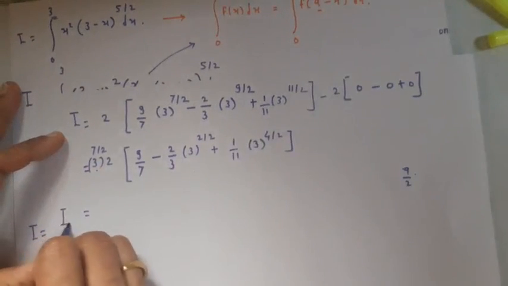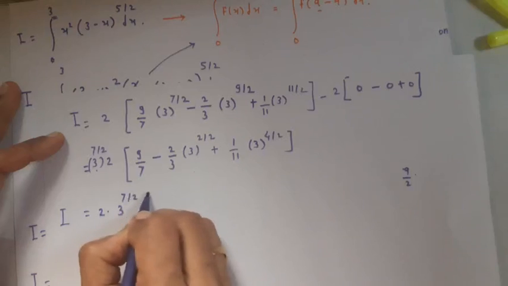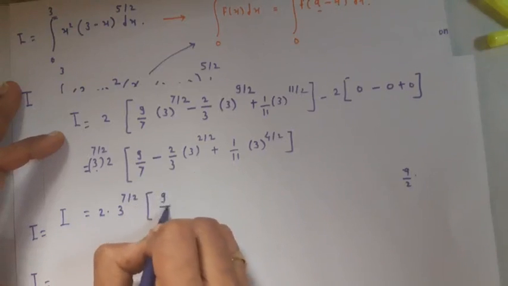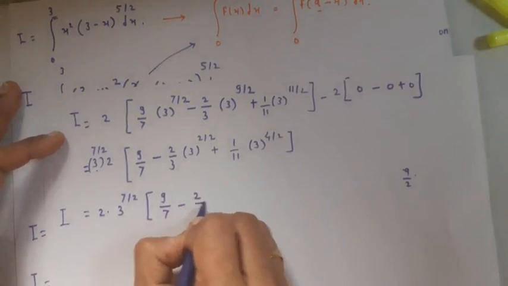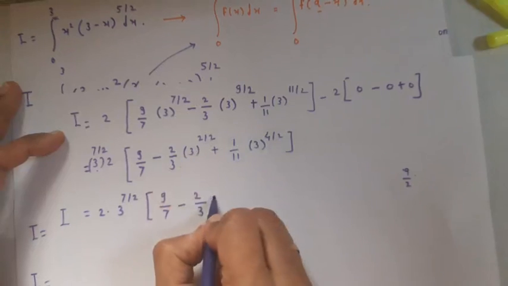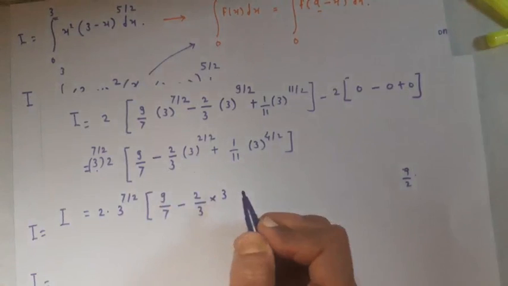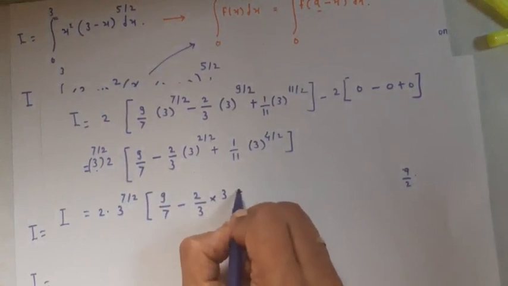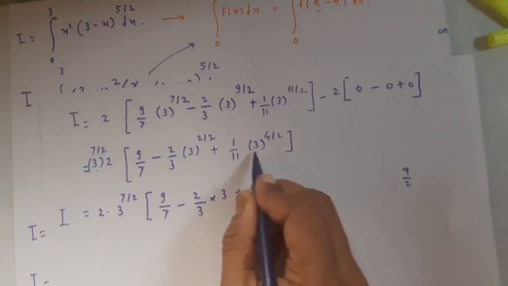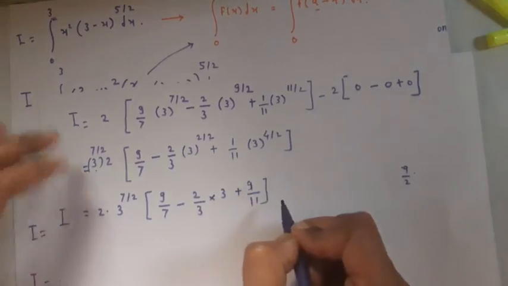And this is integration I equals 2 into 3 raised to 7 by 2, 9 by 7 minus 2 by 3, 3 raised to 2 by 2 means 3 raised to 1, that is 3. Okay, and now plus 1 by 11, 3 raised to 2 is 9, that is 9 by 11.